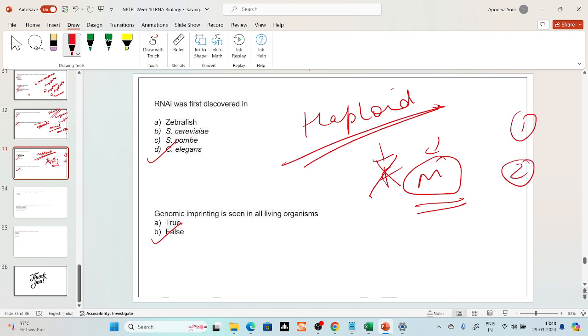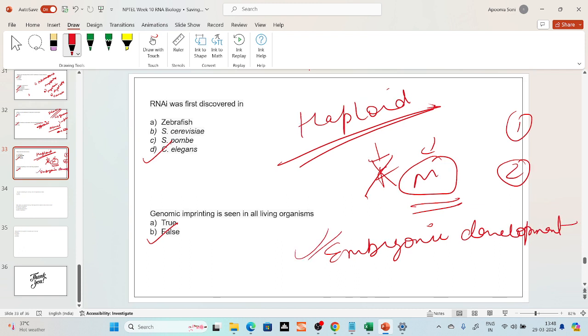The second reason is that not all the cells of the body show the phenomenon of genomic imprinting. There are specific genes at specific time points, especially during the embryonic development. Genomic imprinting is very prominent during embryonic development.